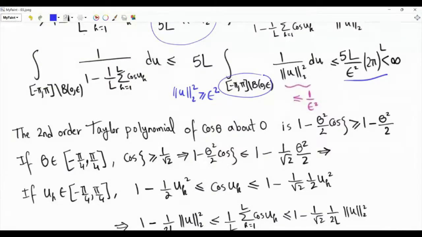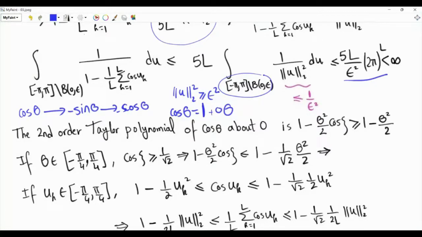Let's do the second order Taylor polynomial of cosine theta about 0. So cosine theta, if we differentiate with respect to theta, we get minus sine theta. And then if we differentiate again, we get minus cosine theta. So this means that cosine theta is equal to cosine 0, which is 1. The linear term theta will be multiplied by the first derivative of cosine theta evaluated at theta equals 0, so here we will have 0.